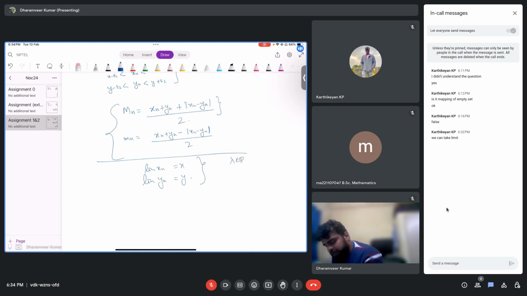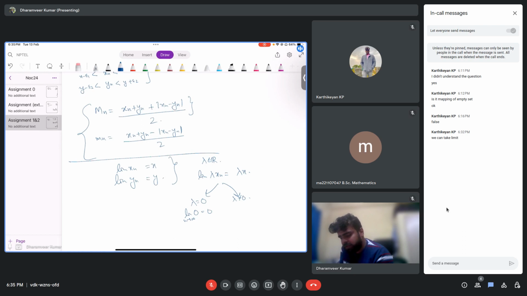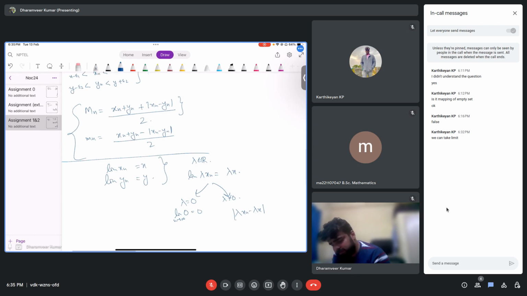For lambda in the real numbers, the limit of lambda xn is lambda x. Case 1: lambda equal to 0, the limit of 0 is equal to 0. Lambda not equal to 0: what will you do in this case? You want to check this, right? So mod of lambda xn minus lambda x.